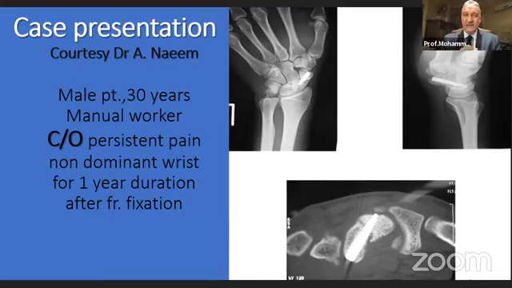That could be another choice, but you have to decide that inside the OR, and you have to have the whole set ready for use.